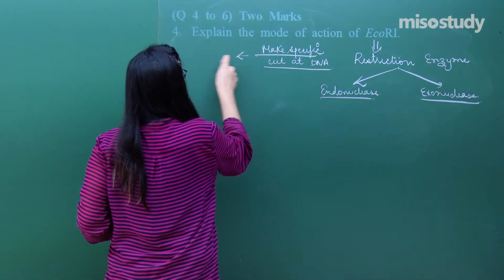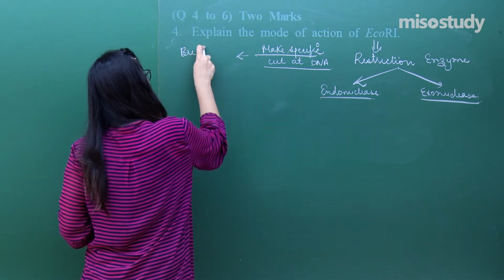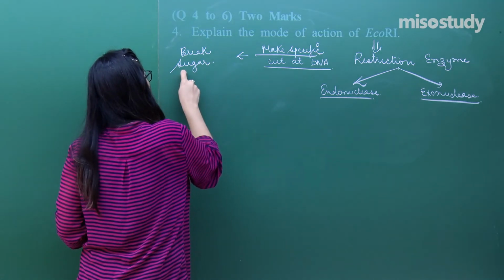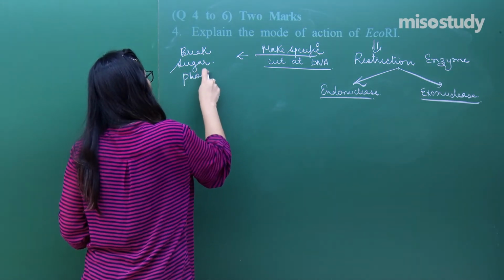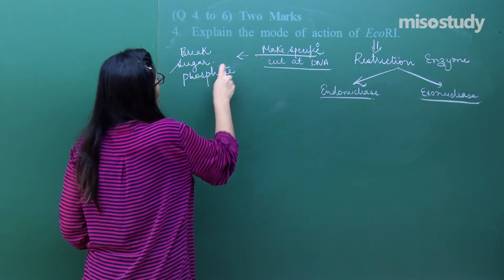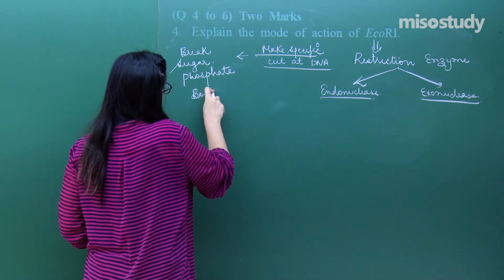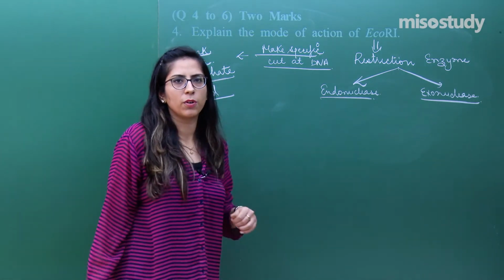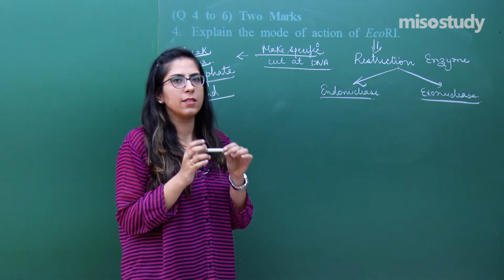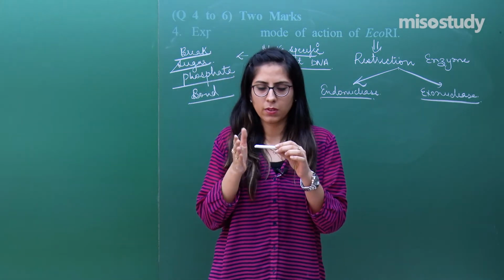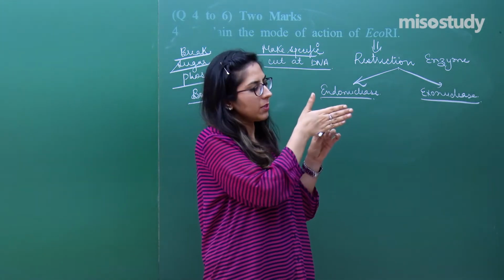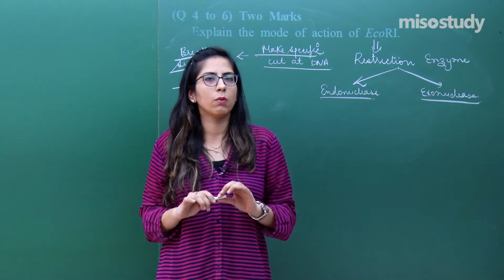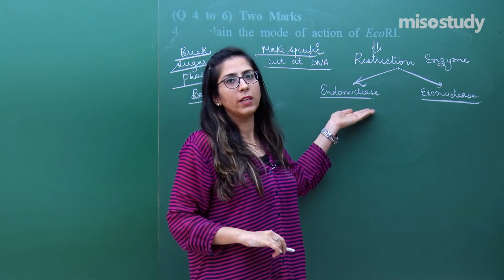They break sugar phosphate bond. So suppose this is a DNA sequence, I want to cut this DNA sequence. If I cut like this from the center, hope you can see, such type of enzyme which is required is called an endonuclease.